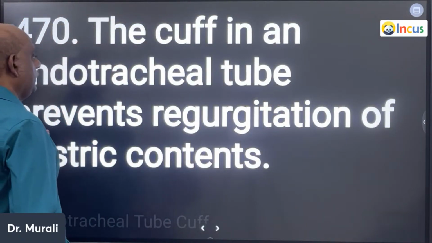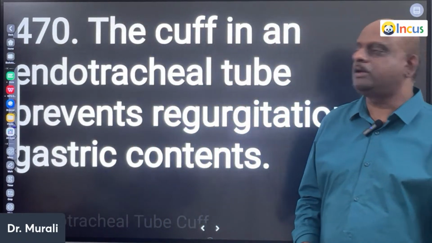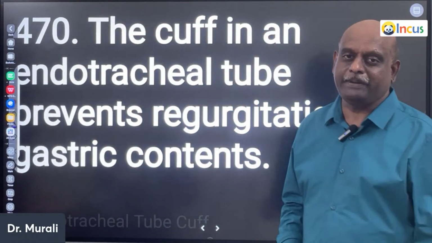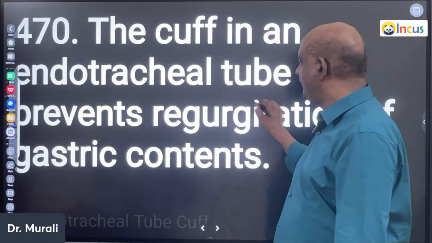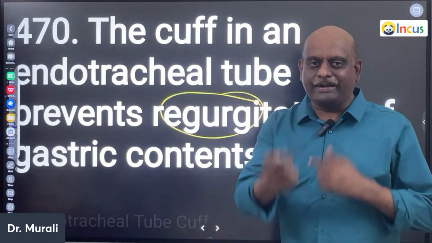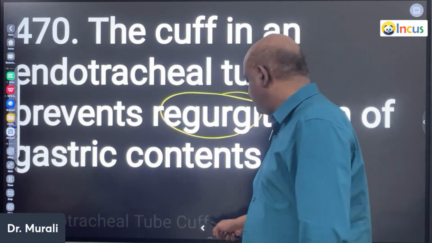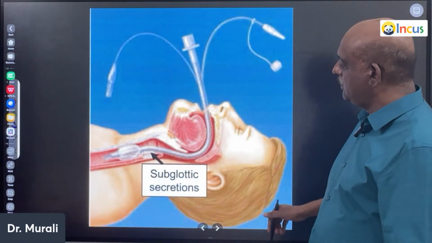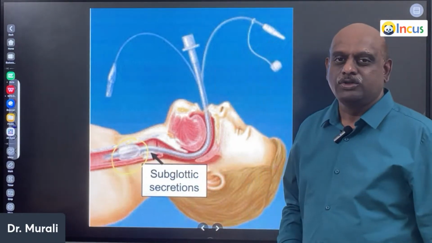Now, the cuff of an endotracheal tube, what is the main purpose? In the endotracheal tube, the cuff is mainly to prevent the regurgitation of the gastric contents into the respiratory tract. That's the purpose of the cuff. So what will you do?